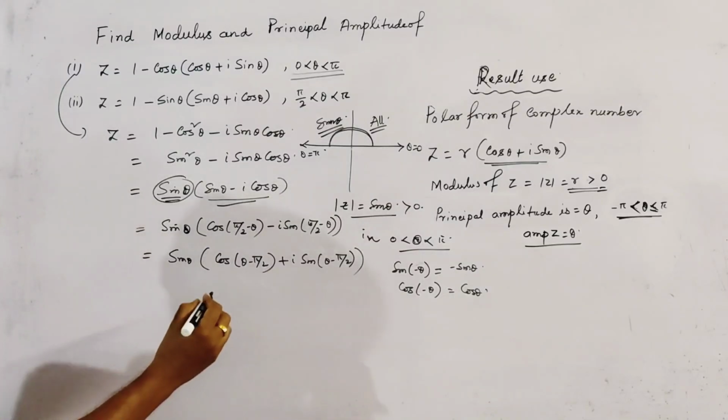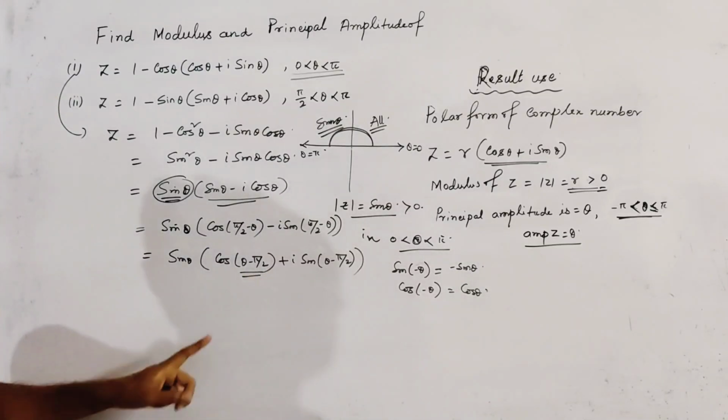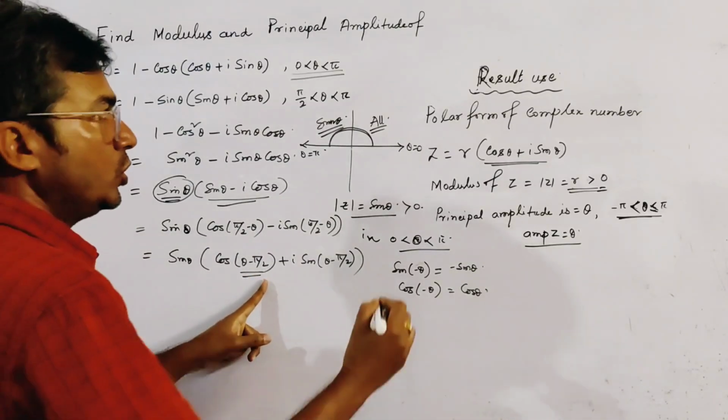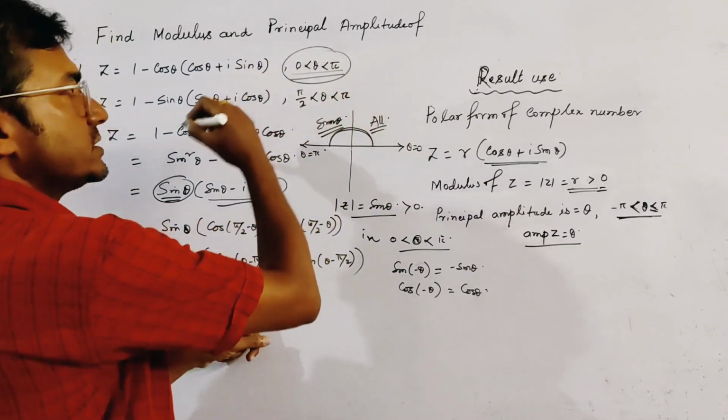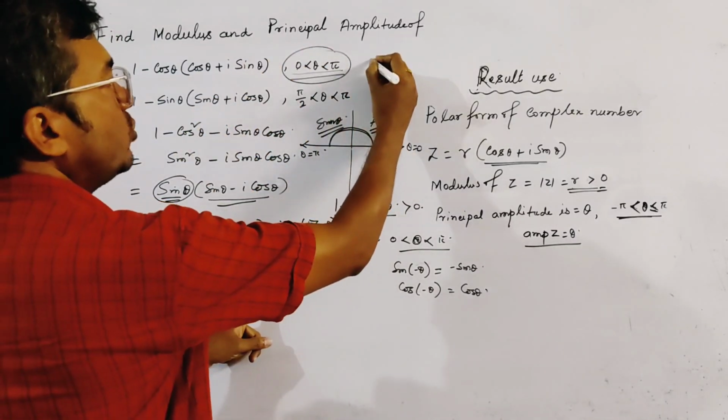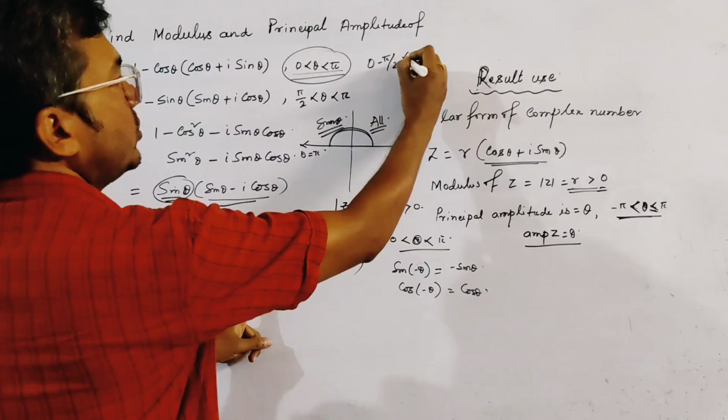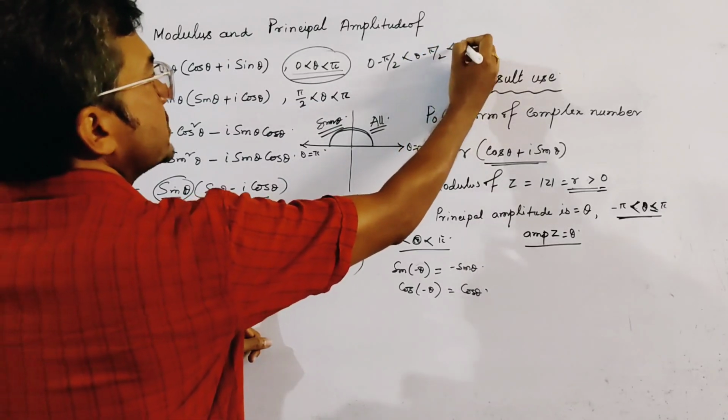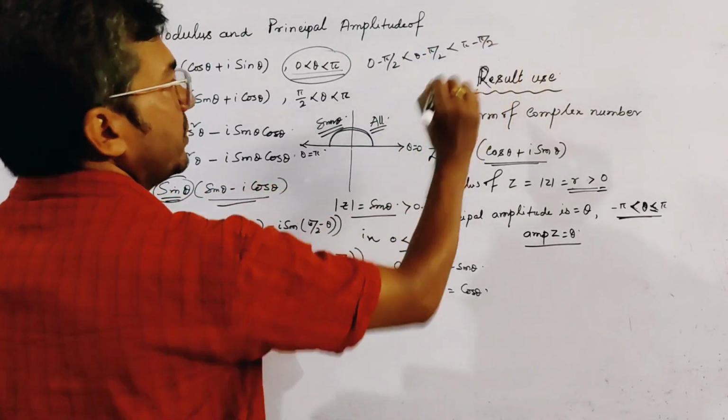Okay, now to test the range of theta minus pi by 2. Here theta is given by this, so for theta minus pi by 2 we get 0 minus pi by 2 less than theta minus pi by 2 less than pi minus pi by 2.